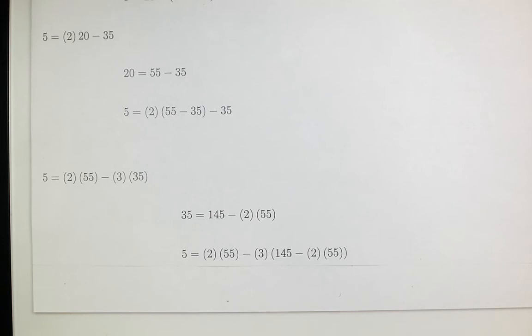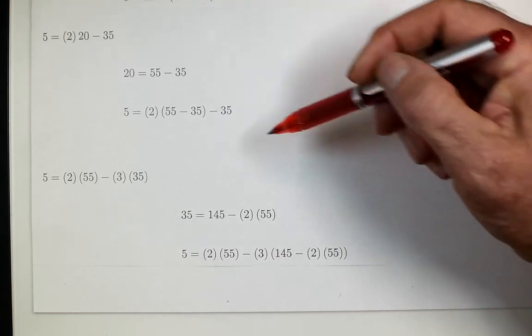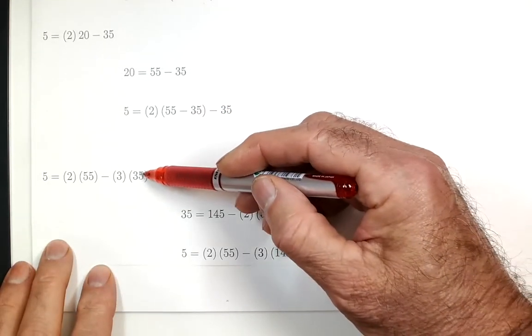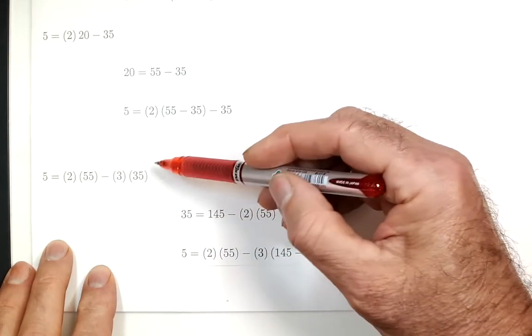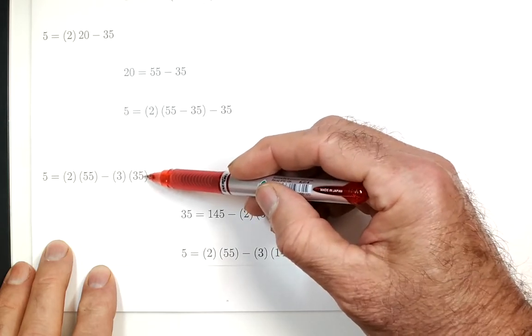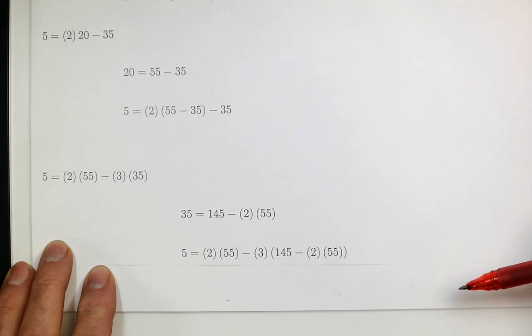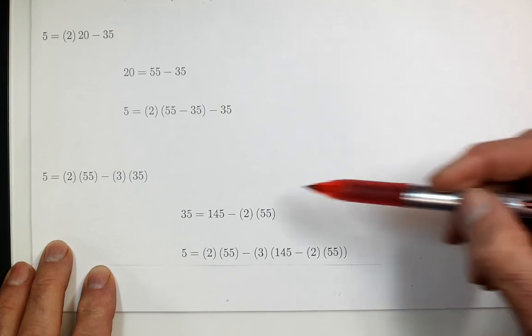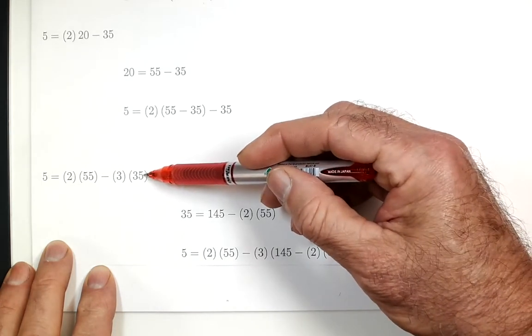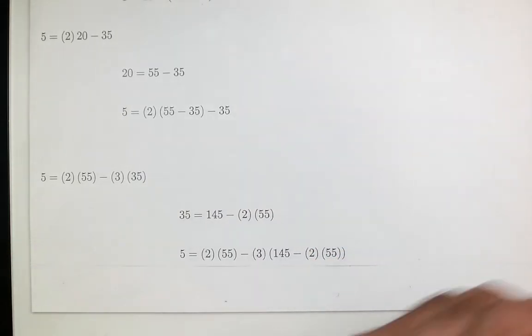Now, using equation 4, we're going to express the smaller of these two divisors, 35 and 55. The smaller of the two divisors is 35. We're going to use equation 4 to express 35 in terms of its two immediate predecessors.